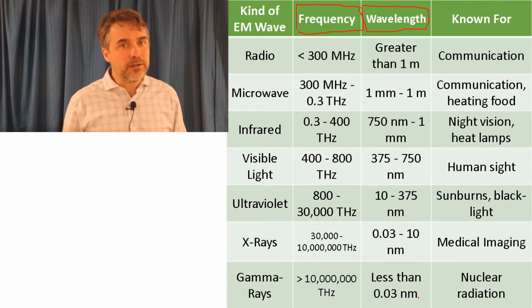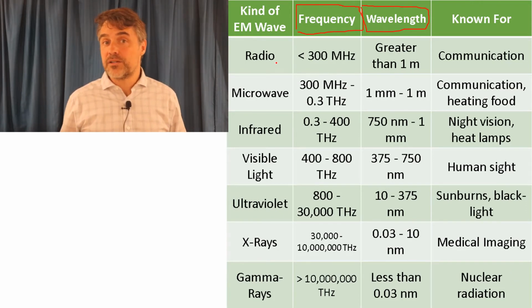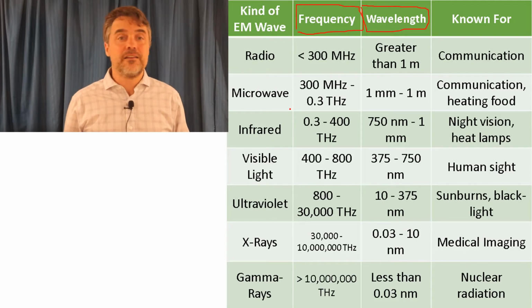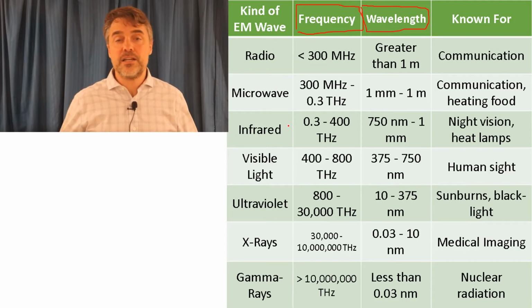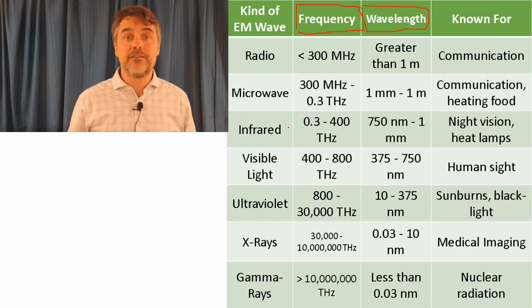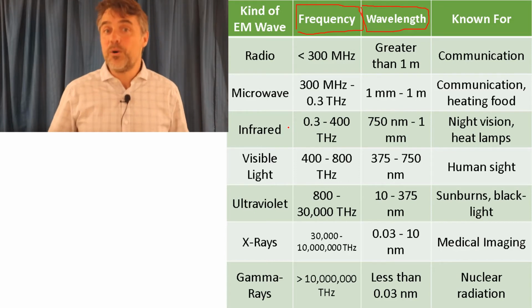You've probably heard of a lot of these kinds of waves, but you might not have realized that they are all different manifestations of the exact same kind of wave. They are all EM waves.